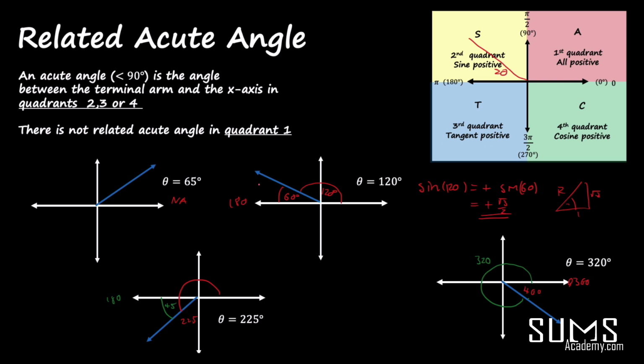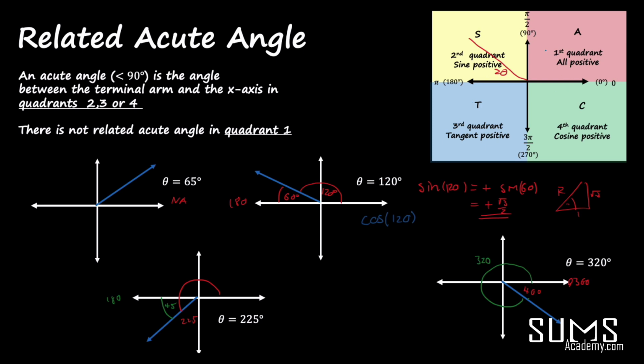Very good. But what if I asked what cos 120 degrees was? If I was after cos 120, how do I figure this out? Well, I can still take 120 degrees, and I know there's going to be an acute angle of 60 degrees.